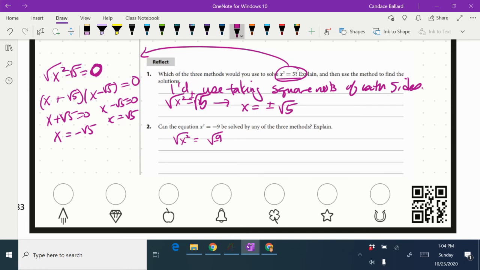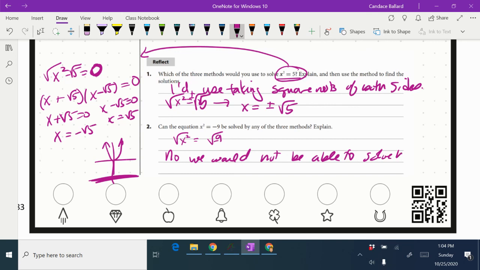If I looked at the graph of it, x squared is this graph right here, -9 would be down here somewhere. They never cross. So in that case, there is no solution. So at this point, we do not know how to solve. So we would say, no, we would not be able to solve by any of the three methods.